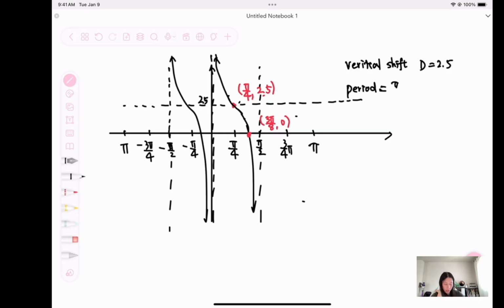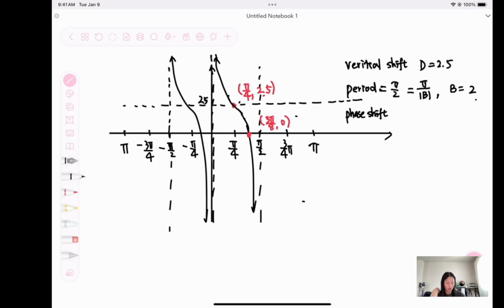And we know that period is equal to pi divided by the absolute value of b. Now we solve for b. B is equal to 2. We have D and B. Well, we just talked about the phase shift, because the phase shift helps us to find C, how much they shift. Well, the center should come from 0.